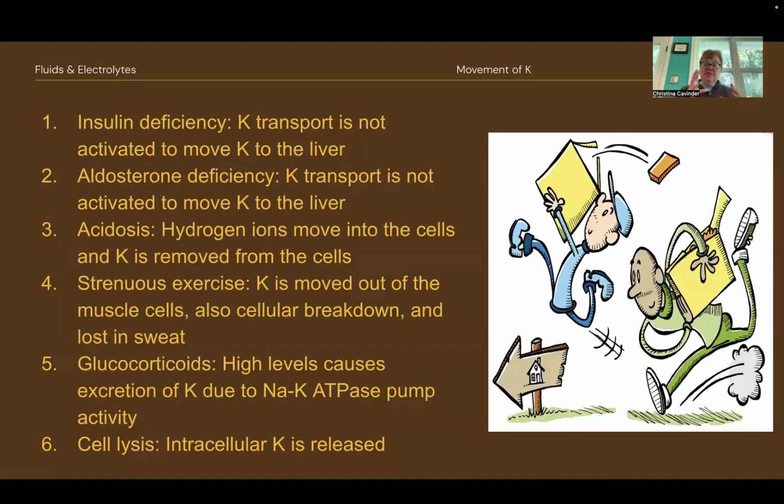So that potassium is now released into the interstitial fluid or space. Glucocorticoids, that's from the adrenal gland also, and that regulates your blood sugar. High levels cause excretion of potassium due to that sodium potassium ATPase pump activity. So lots of things can cause your potassium levels not to be maintained.